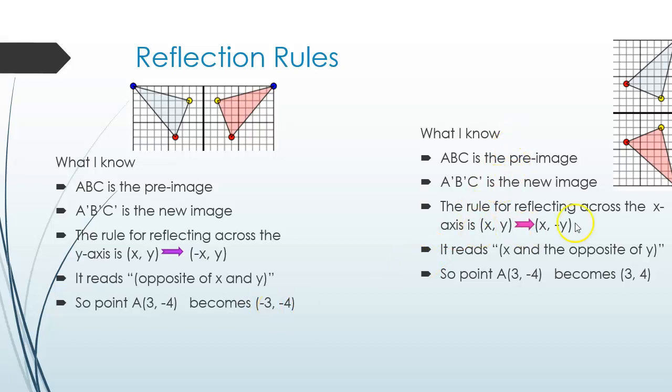If you are reflecting across the x-axis, the rule says (x, y) becomes (x, -y). So if the point is (3, -4), then the reflected image across the x-axis would become the same x, 3, but the opposite of -4, or 4.